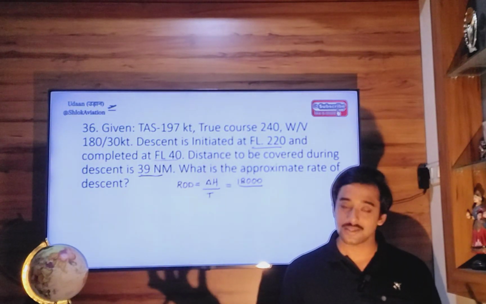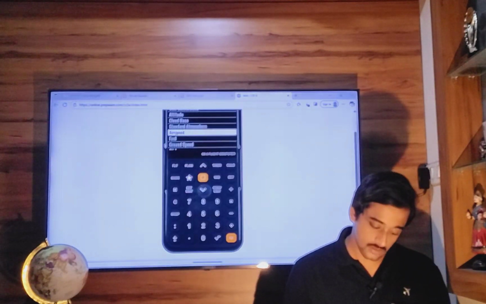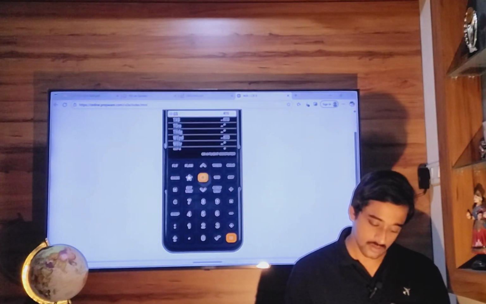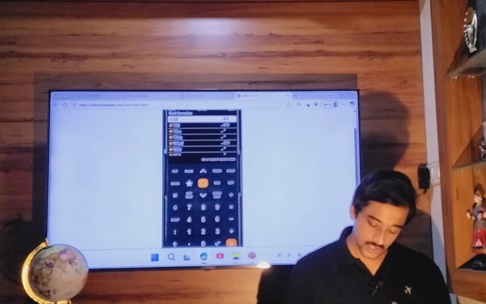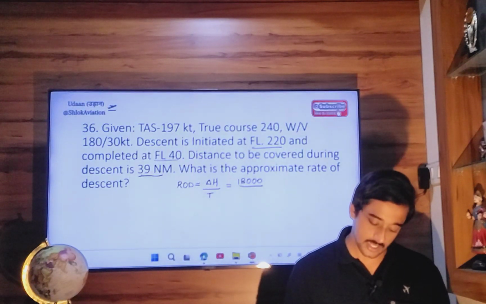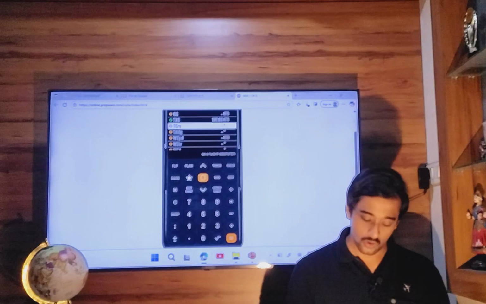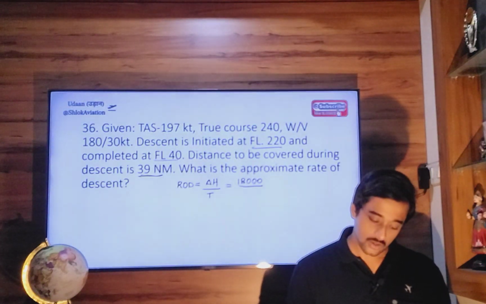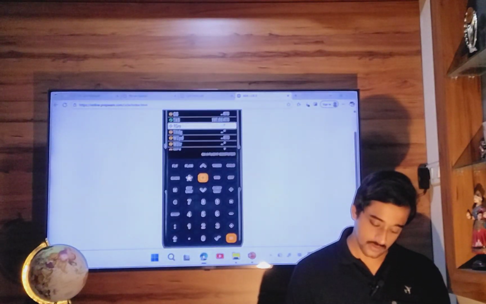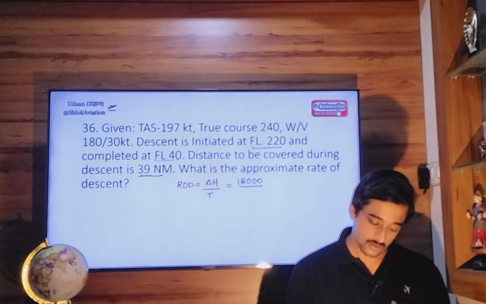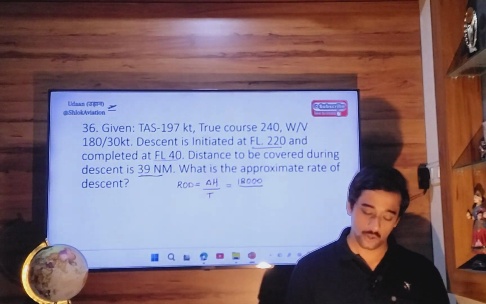TAS, course, winds. Okay, let's put them in the CX. TAS is 197. Course is 240. And winds 180 at 30.